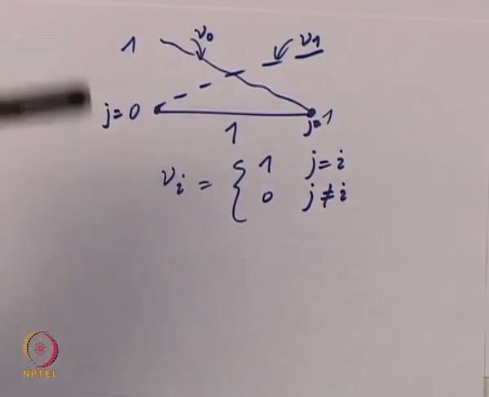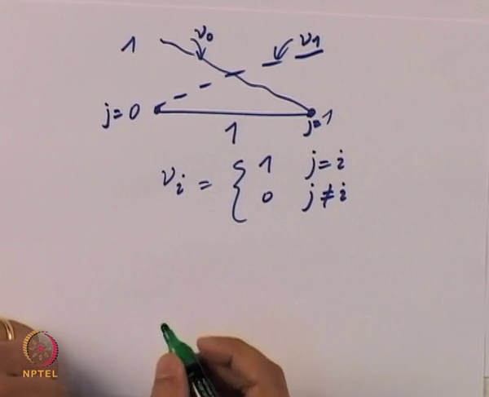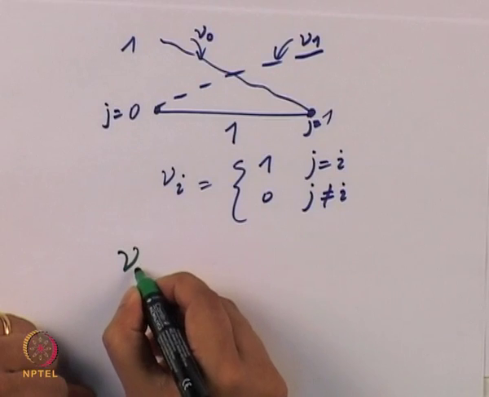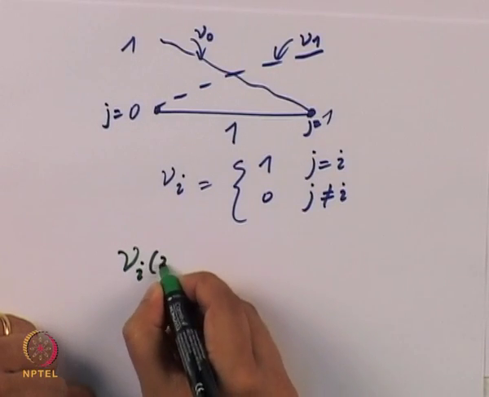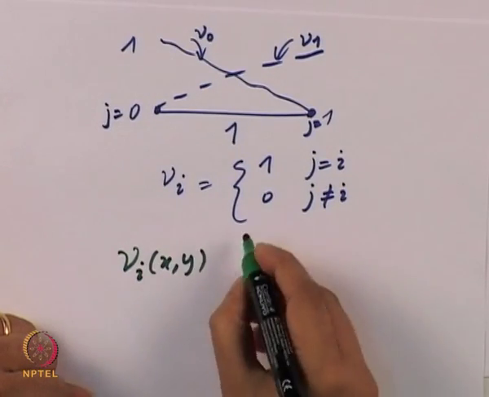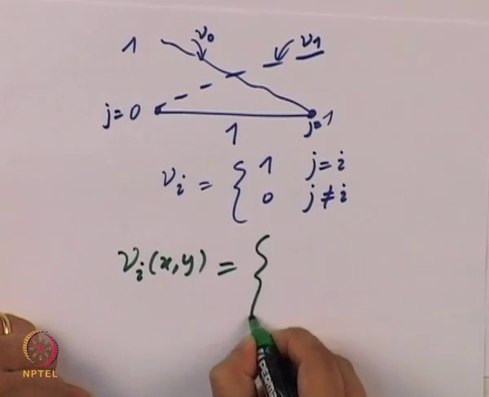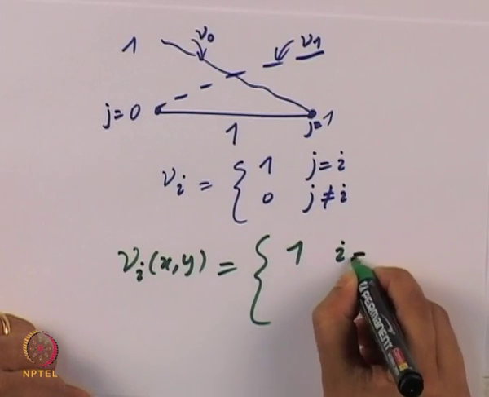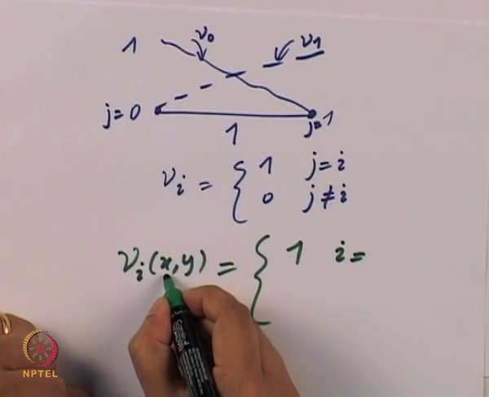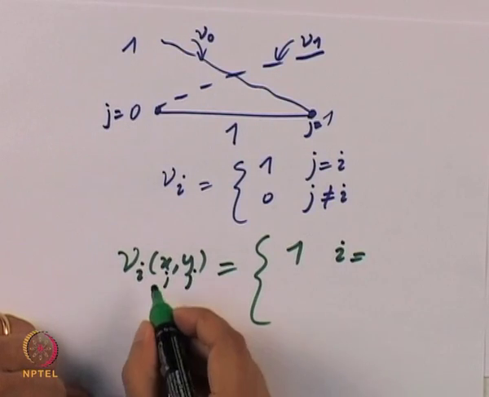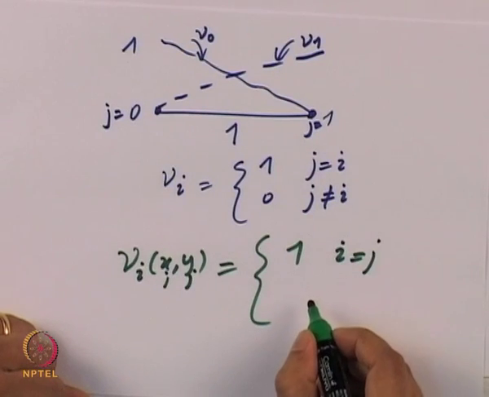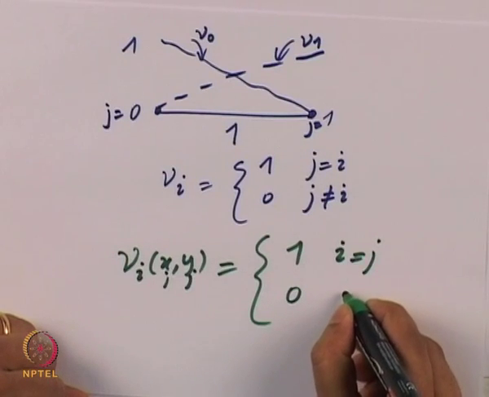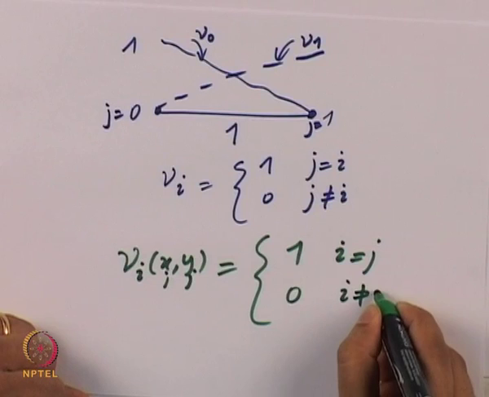Likewise, we are going to do the same thing for the 2-dimensional case. In the 2-dimensional case, our basis function v of I of x comma y is equal to 1 when I and j are matching, where the coordinates here are j's. If I is not equal to j, it is going to be 0.